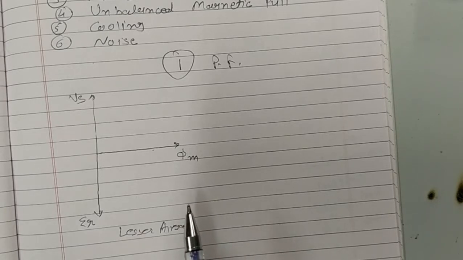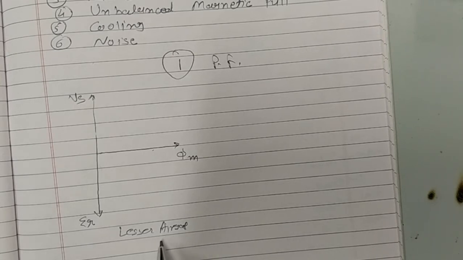So the length of the air gap is the primary thing which determines the magnetizing current drawn by the machine. So lesser the air gap, lesser is going to be the magnetizing current.